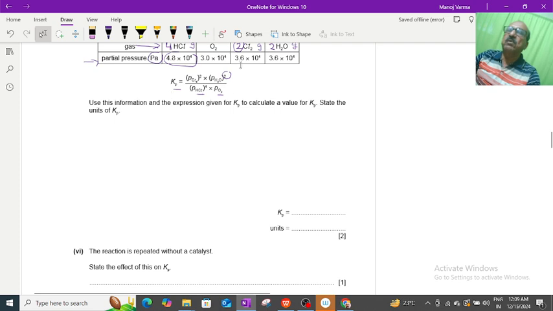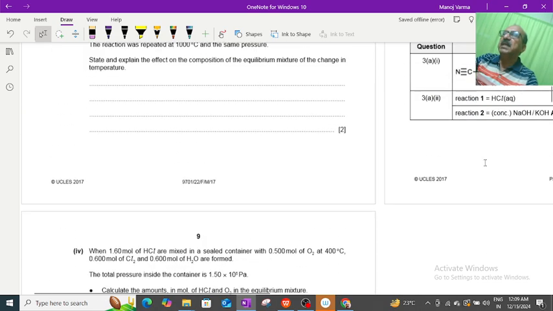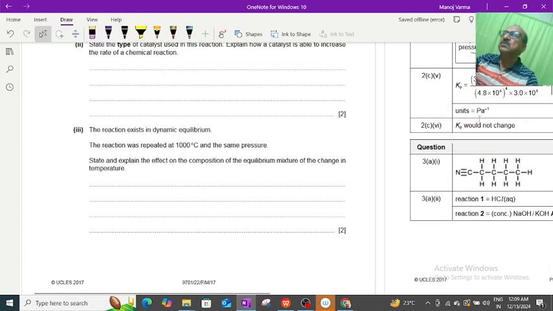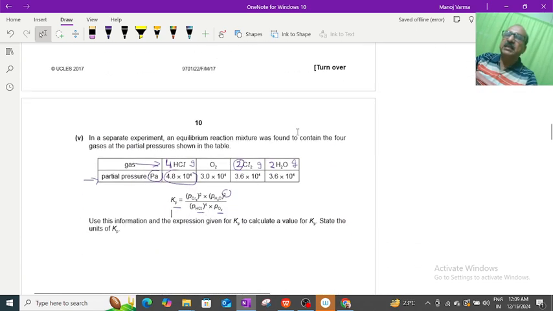So when this 5 goes up, it becomes 4 minus 5. So ultimately minus 1 is the power which is left. That's why the unit will be Pascal raised to minus 1. Is it clear? Okay.